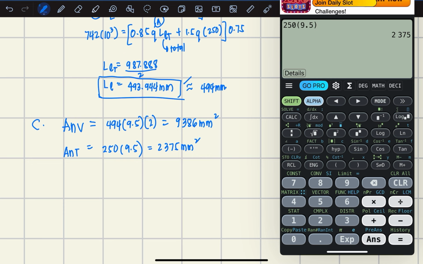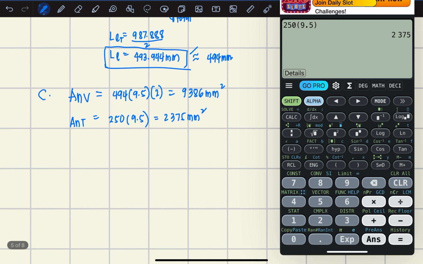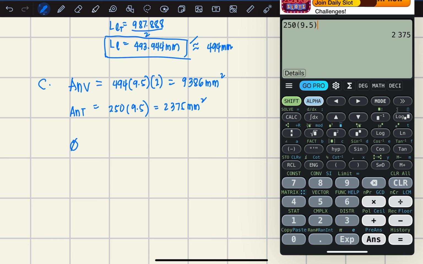So, to solve the block shear, the formula used is Rn equal to 0.6 Fu Anv plus Fu Ant, multiplied by the reduction factor of 0.75 for LRFD.